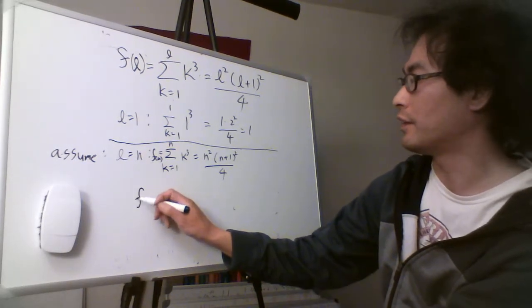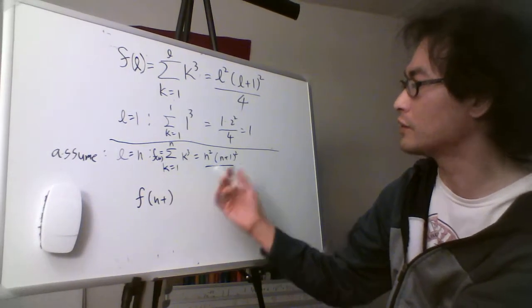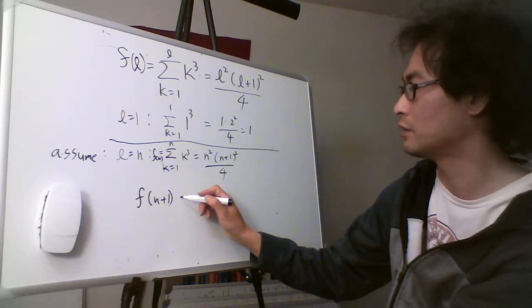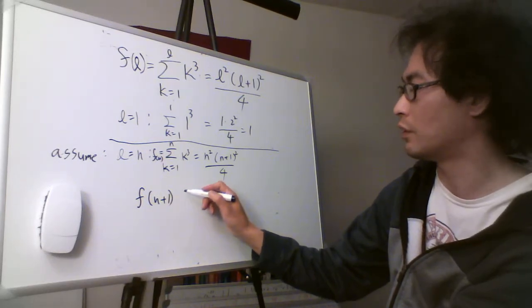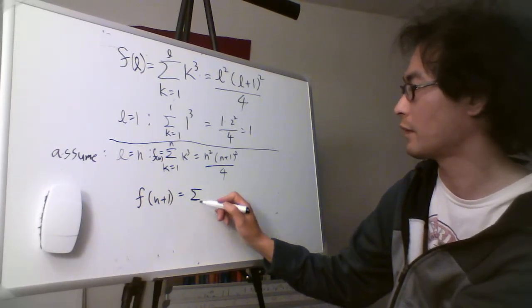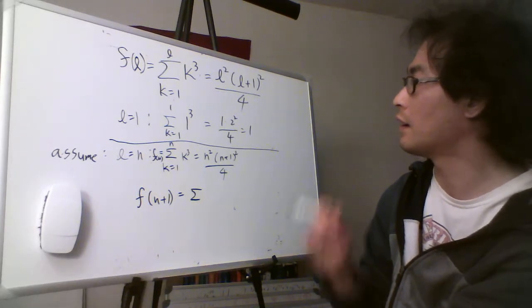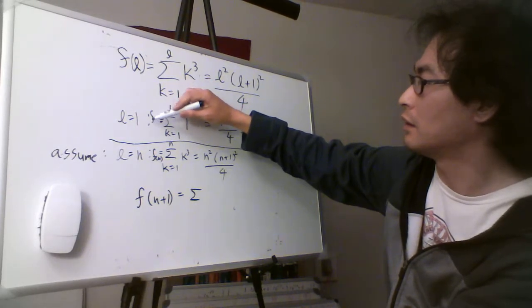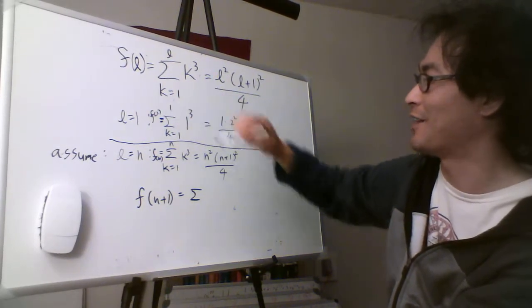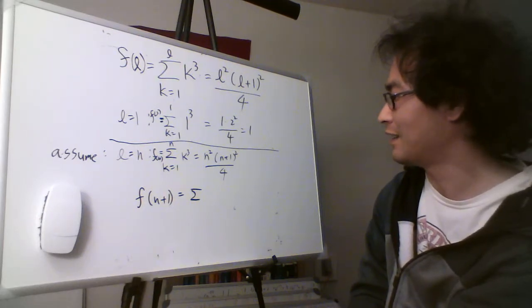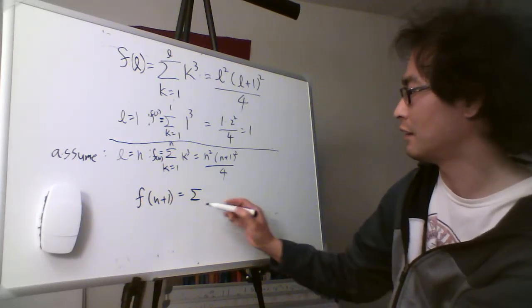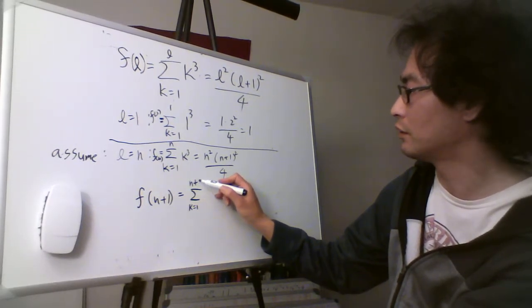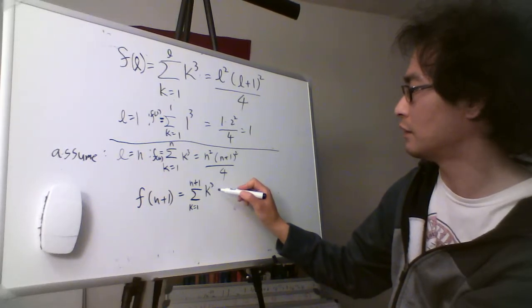Let's see Fn plus 1. It's a function, we are not saying anything, we're just plugging in the number. So what is Fn plus 1? It's equal to sigma, K from 1 to N plus 1 of K cube, right?